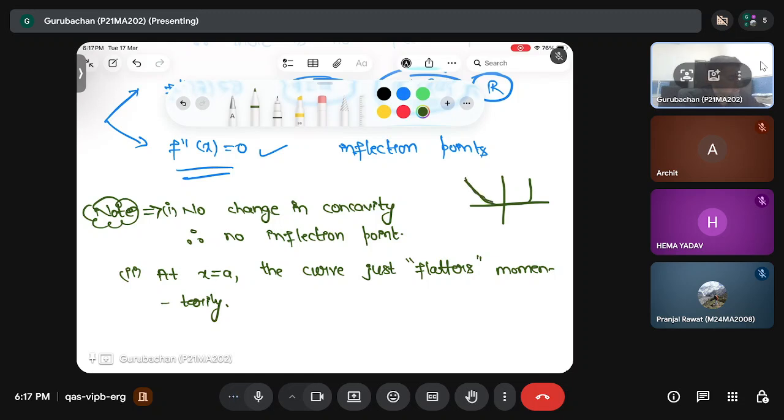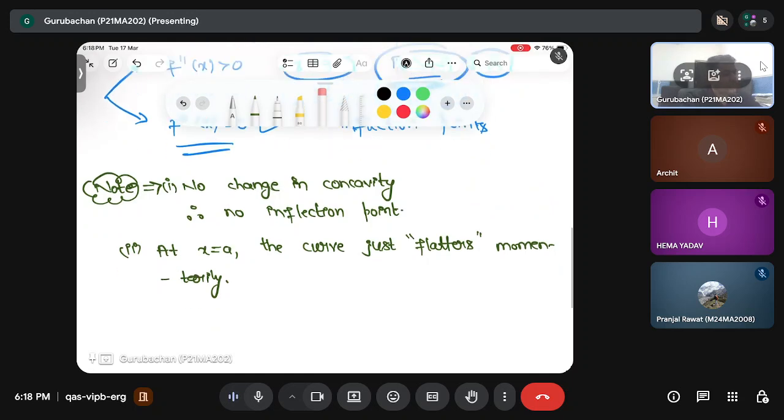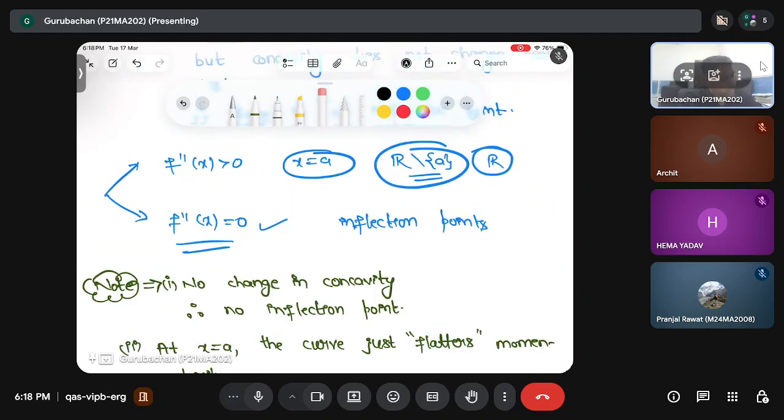So its graph is still concave up on the whole arc. We do not say that it is not concave up at x equal to 0. So we include the whole real line. This is the answer of our first question.